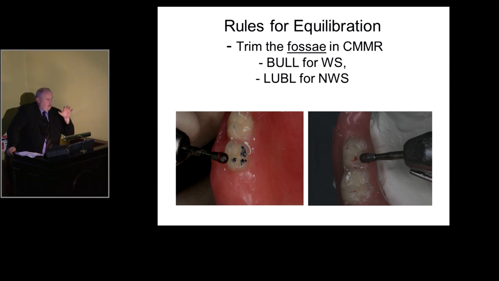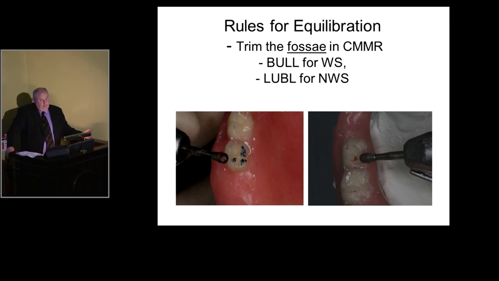So in centric, Paul spoke about centric and MIP. In centric in dentures, going straight up and down, you adjust the fossa, only the fossa. You've heard of the bull rule, you've heard of the Lubbock rule. Bull rule, buccal upper, lingual lower. When you're doing eccentric, working side, you use the bull rule.